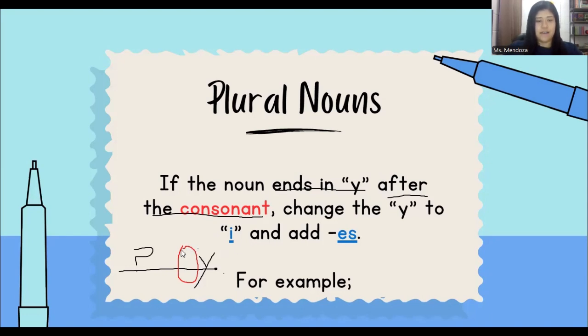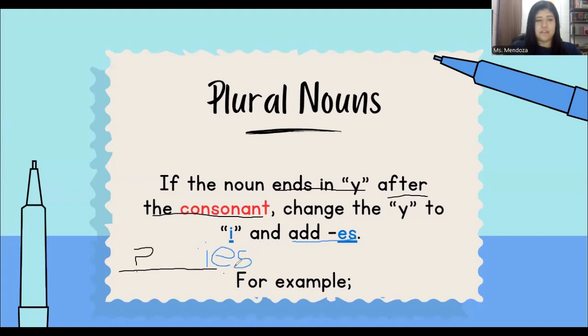So if we have a consonant before the Y, we are going to change the Y to I. We're going to take off our Y and make it into an I. Then we are going to add ES.